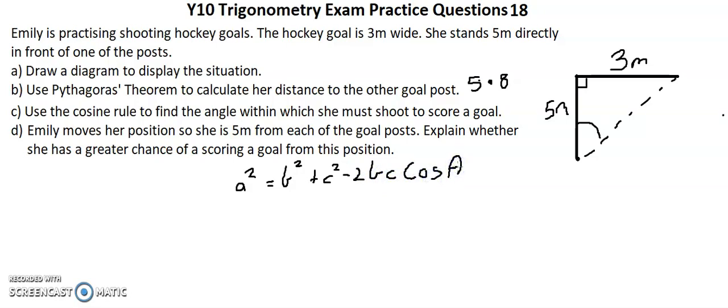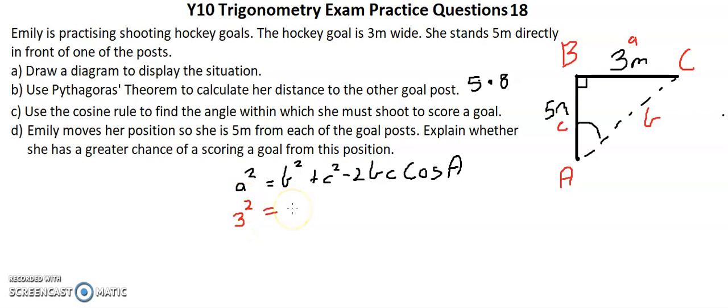So we just need to put our information in. Before I do that, actually, I'm going to label this to help everyone out. So I've made this my a angle, I've made this my b angle, and this is my c angle. So that means this side is our length of c, this side is our length of a, and this is our length of b. Now I've done that, that will help us out. So our a side is 3, so it's 3 squared.